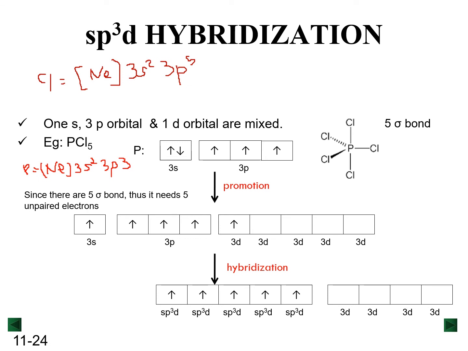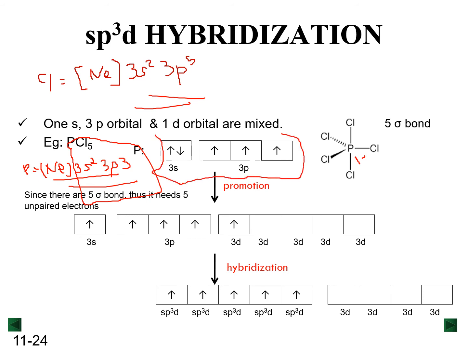Okay, first you must draw the electron configuration for central atom P and Cl. And from here we can see that it has 5 sigma bonds, meaning that one P will contribute 5 electrons and 5 Cl will contribute 1 electron each to form 5 sigma bonds. Okay, from the electronic configuration here, we only use the valence orbital for hybridization.